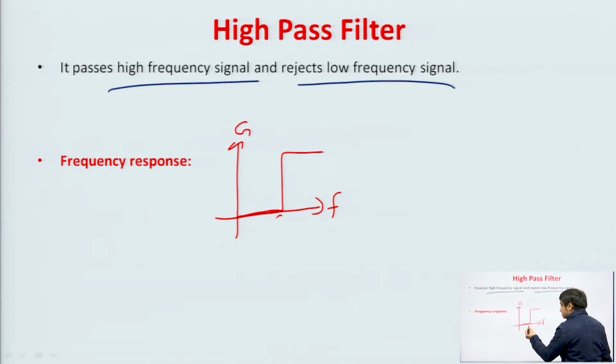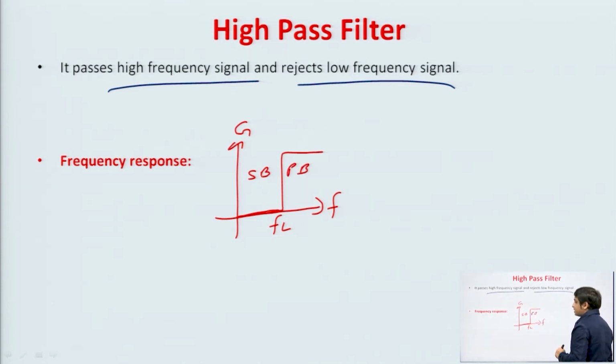Let us say the cutoff frequency in the high pass filter is FL, fine. We can see that in the high pass filter this one is the stop band, because from frequency 0 to FL no frequency is passed, but above FL we are getting gain, meaning the signal is passed. So, this is your pass band, but this is the ideal response.